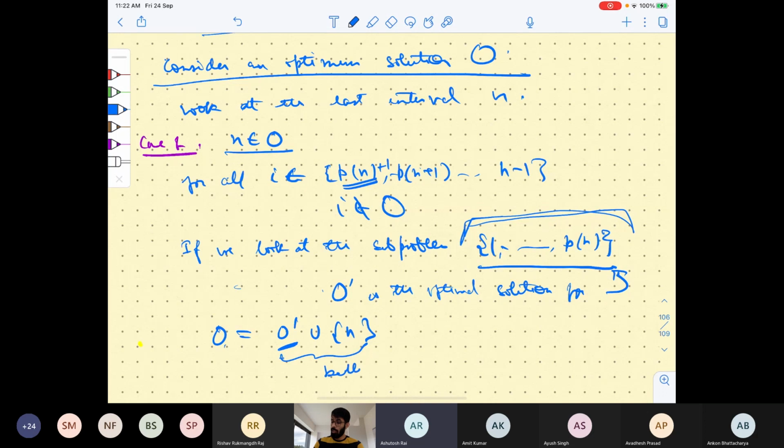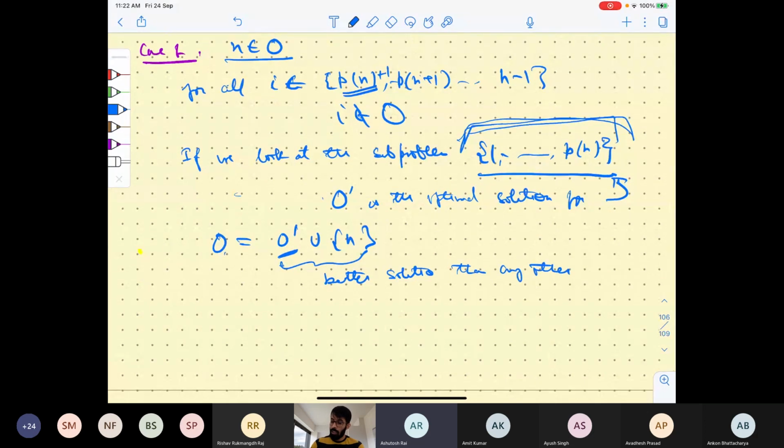So this is a better solution than any other. And whatever O has is a disjoint subset of this, because everything else intersects with N. So when N is in O, O is the optimum solution of O prime union N. Is there any question about that?